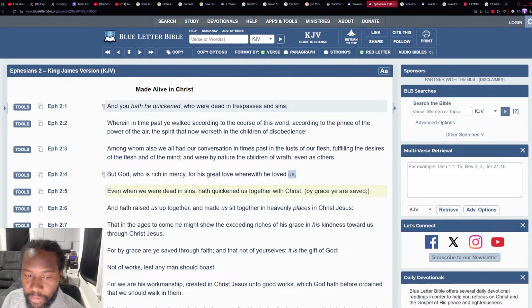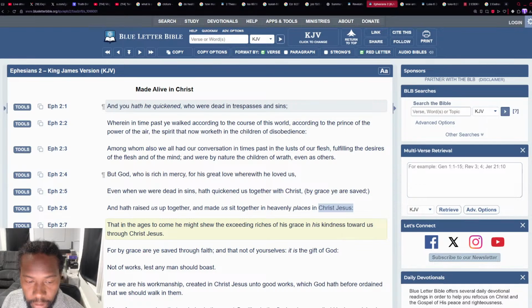Ephesians 2 and 5, even when we were dead in sins, have quickened us together with the Mashiach. By grace are ye saved. Quicken means to be made alive through the spirit and power of Yahweh Bahashim Yahushai. Ephesians 2 and 6, and have raised us up together and made us sit together in heavenly places in Yahweh Shah HaMashiach, who the world ignorantly calls Jesus Christ.